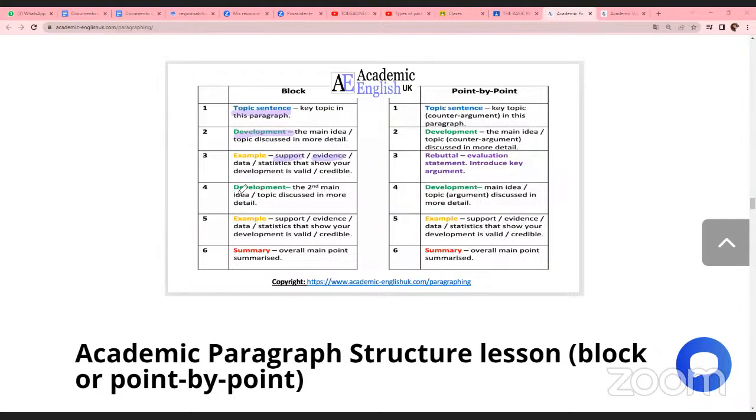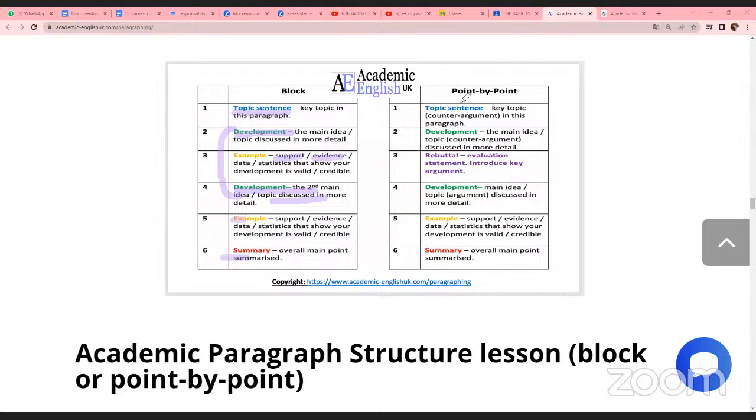Then we have another one, it is linked, and we're gonna find the second main idea. It's not the topic sentence, okay? It's the second main idea. Again, it is a topic discussed in more detail, right? And then you have the same examples and summary.